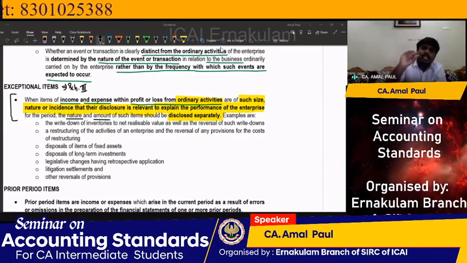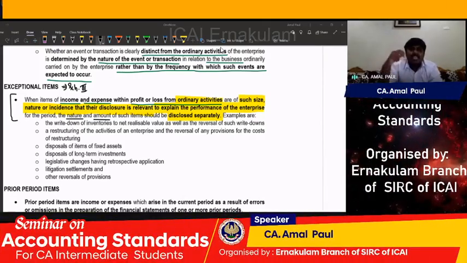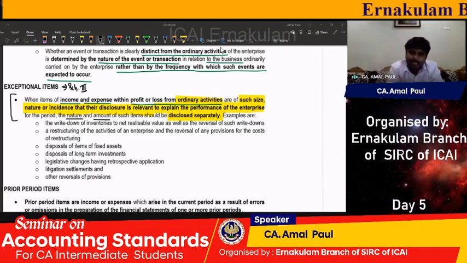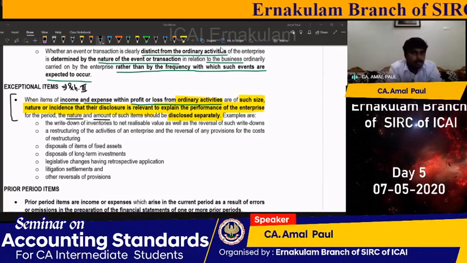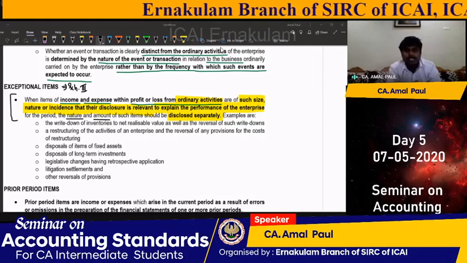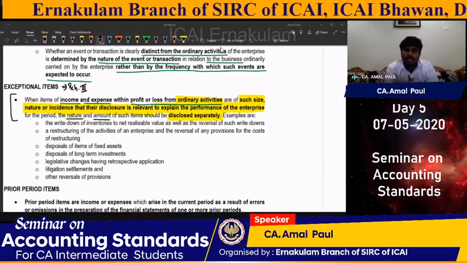Based on that, your Schedule 3 named it as exceptional item. Please remember this: exceptional item is not mentioned in the standard. If you check AS 5, you cannot see the name exceptional item, but Schedule 3 named it as exceptional item.